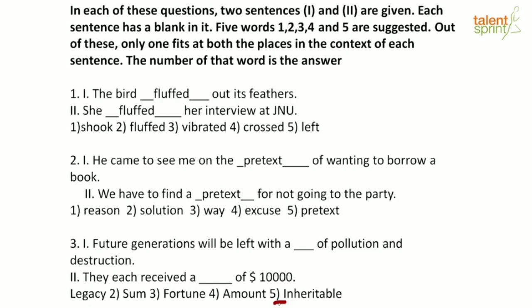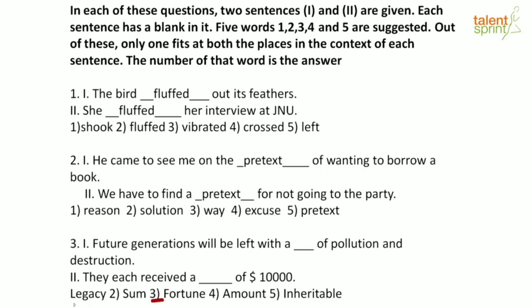Fortune, future generations will be left with a fortune of pollution and destruction. Pollution and destruction, negative words. Fortune talks about a huge amount of money, success, a positive word. Again, it doesn't fit the scenario. Vocabulary, that's not the right word choice, right? They each received a fortune of maybe, but it doesn't fit the first blank. So we're left with our first option, which is legacy.